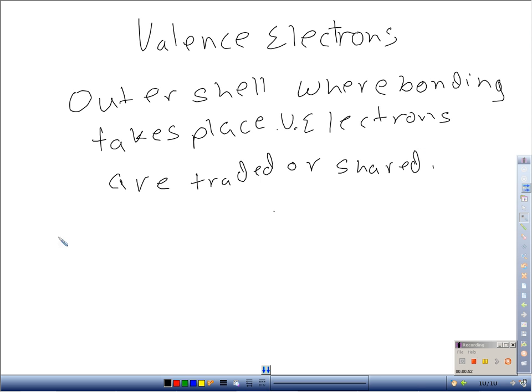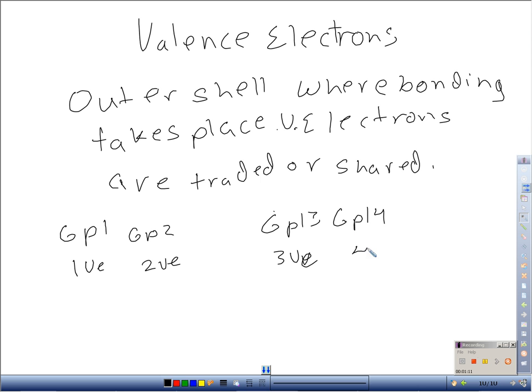So as we go down, group 1 has 1 valence electron. Group 2 has 2 valence electrons. Now we skip the transition metals and we go to group 13. They have 3 valence electrons. Group 14 has 4 valence electrons. Group 15 has 5 valence electrons.